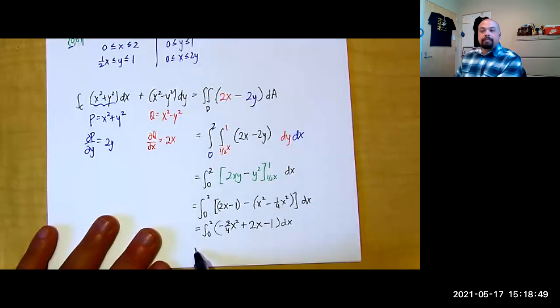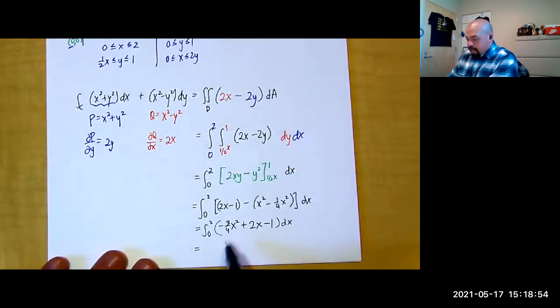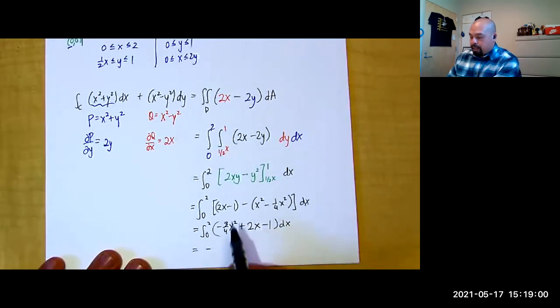And then now evaluating, this is like our first semester calculus, polynomial integral. Negative, right, 3/4, the antiderivative, the integral of x squared, 1/3 x cubed, the 3's cancel, so it's minus 1/4 x cubed plus x squared minus x. Evaluate 2 and 0. The 0 we know goes away.